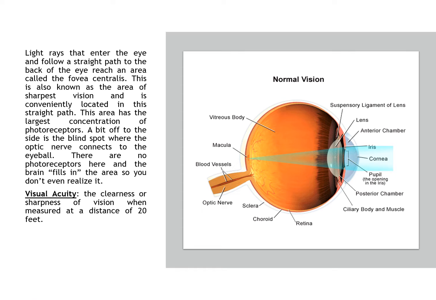A bit off to the side is the blind spot where the optic nerve connects to the eyeball. There are no photoreceptors here, and the brain fills in the area so you don't even realize it. Visual acuity is the clearness or sharpness of vision when measured at a distance of 20 feet.